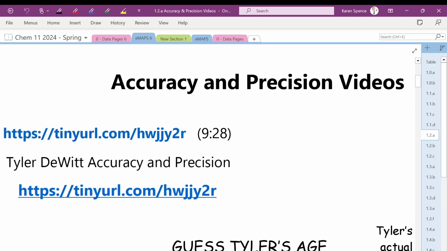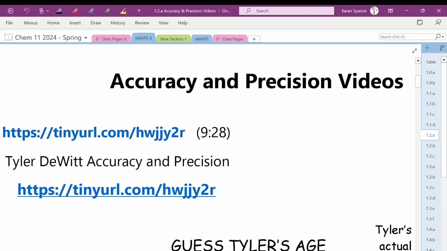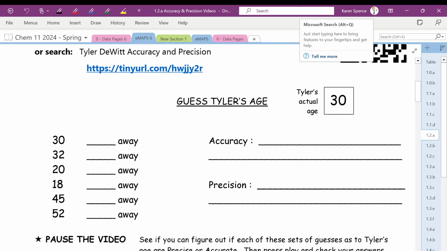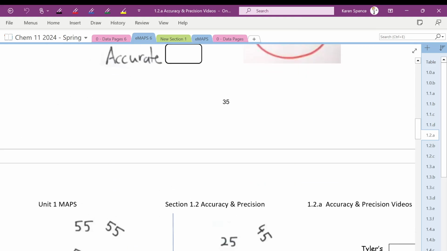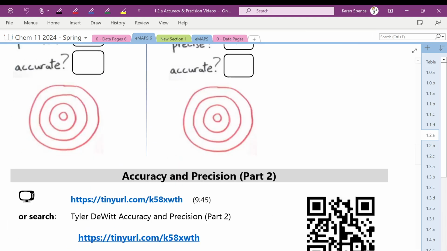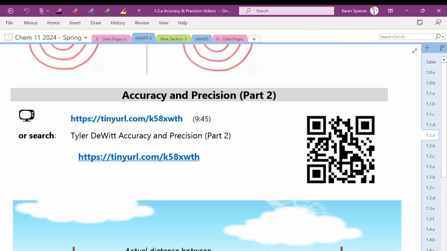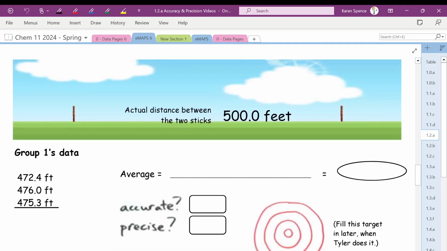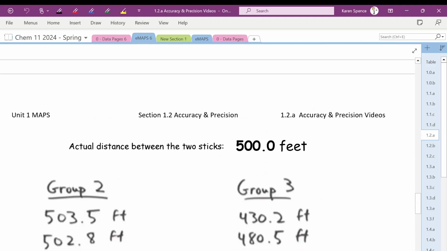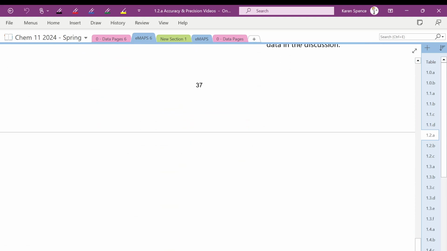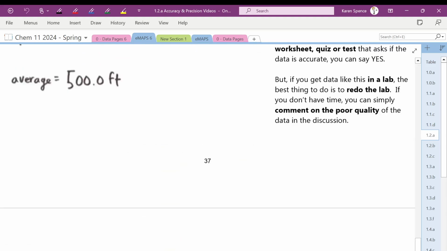And this tells you that it is 9 minutes and 28 seconds long. And there's going to be things for you to fill in as you go through. And then when you get partway through, there's another video, which is another 9 minutes and 45 seconds long. You're going to fill those in as you go along, and then you're done.